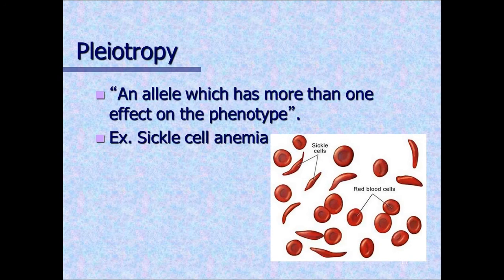But an additional effect is that people who have sickle cell anemia are also immune to malaria. So we have one phenotype deficiency, which is this lack of ability to carry oxygen, while at the same time we have a phenotype benefit, which is that immunity to malaria.